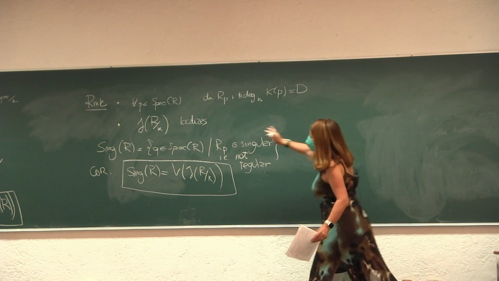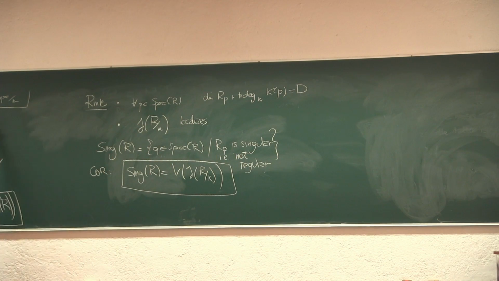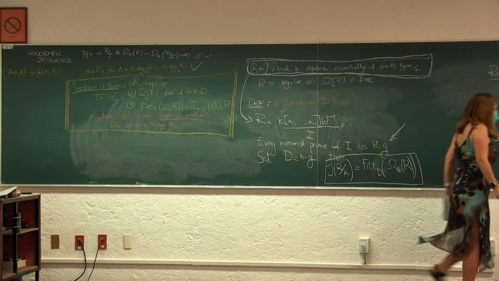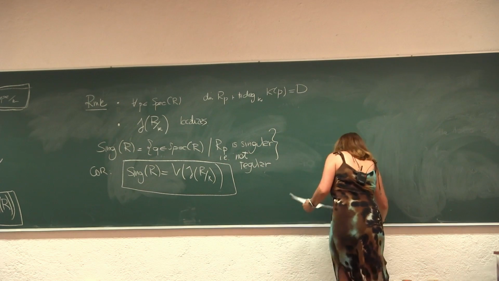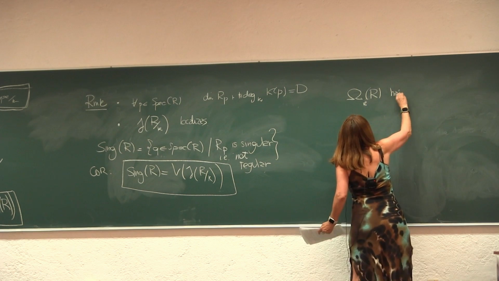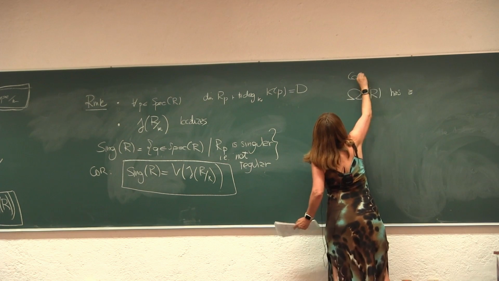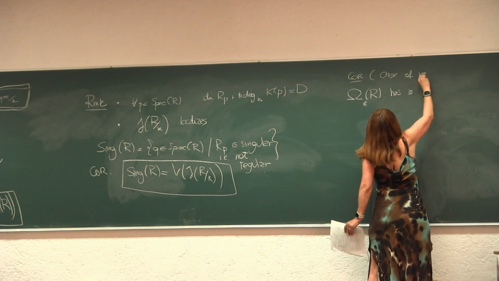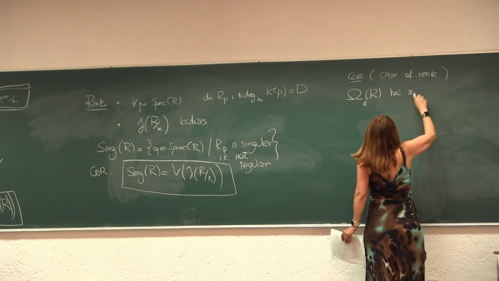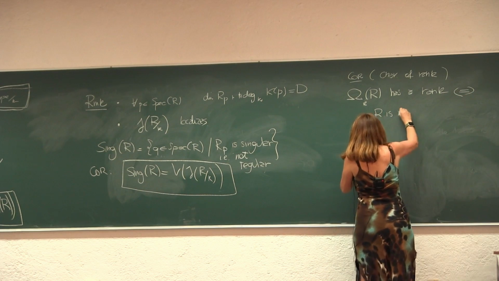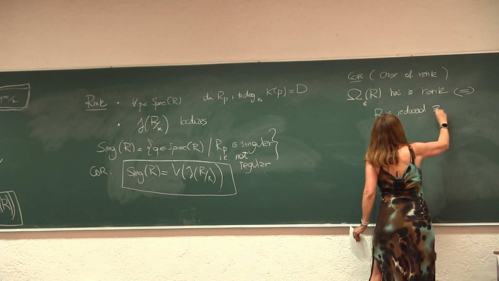Same assumption as here, I'm always in this assumption. Omega has a rank, call it a corollary if you want, a characterization of rank, if and only if R is reduced and equidimensional.